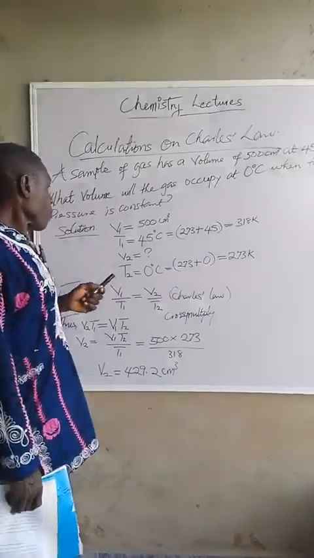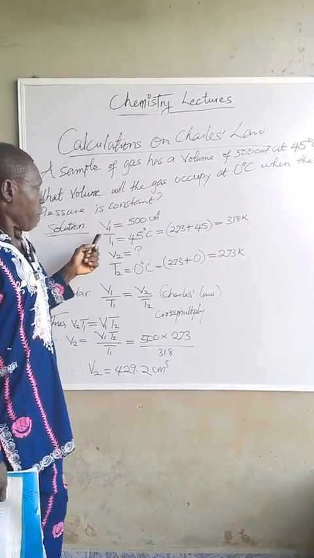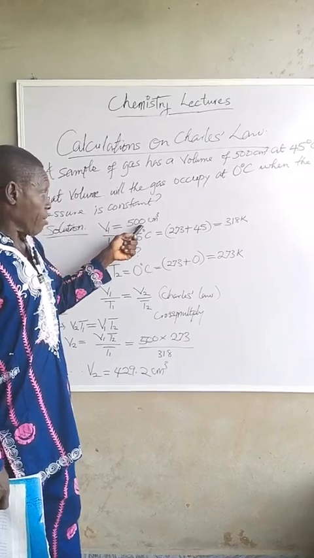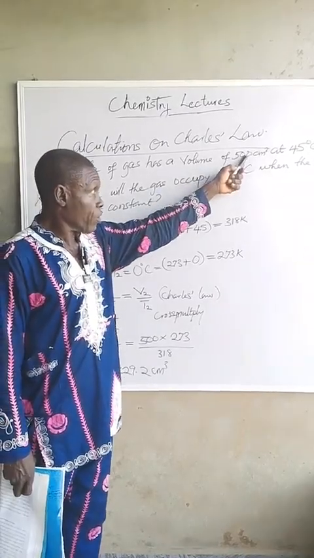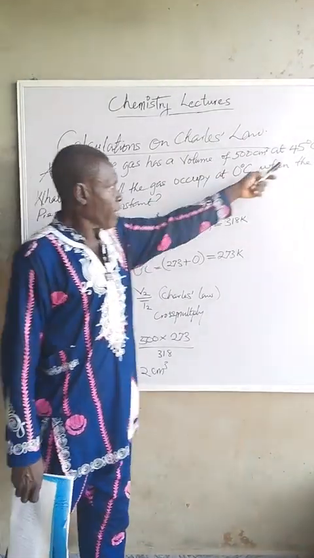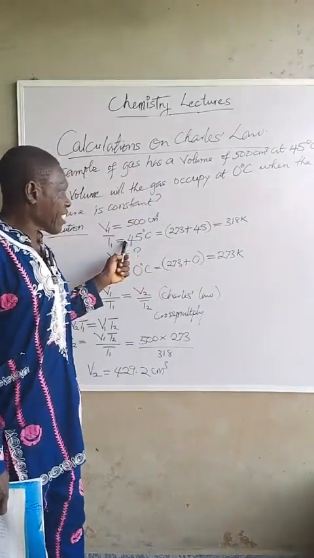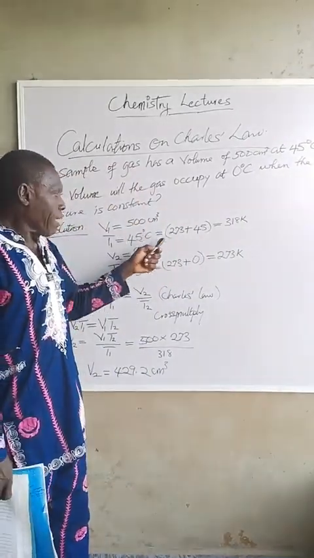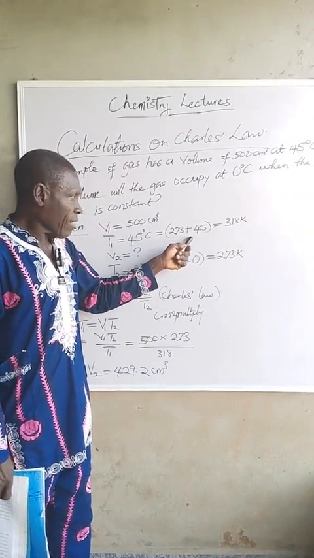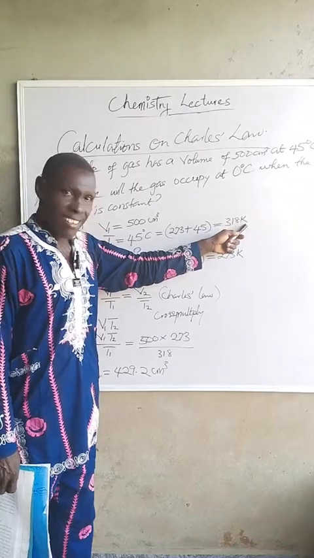Now let's go. Solution. V1, your initial volume, is 500, as it is in the question. Your initial temperature is 45 degrees Celsius, so you convert it to degrees absolute by adding 273 to it. That gives you 318 degrees Kelvin.